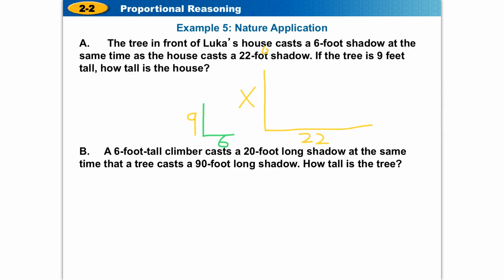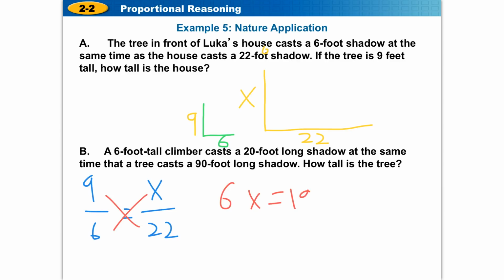So we can set up our proportion. We've got 9 and x are going to be on the same line, and 6 and 22 are going to be on the same line. So we have 6x equals 22 times 9. Then we're going to divide both sides by 6, and we get x equals 33 feet. So the house is 33 feet tall.